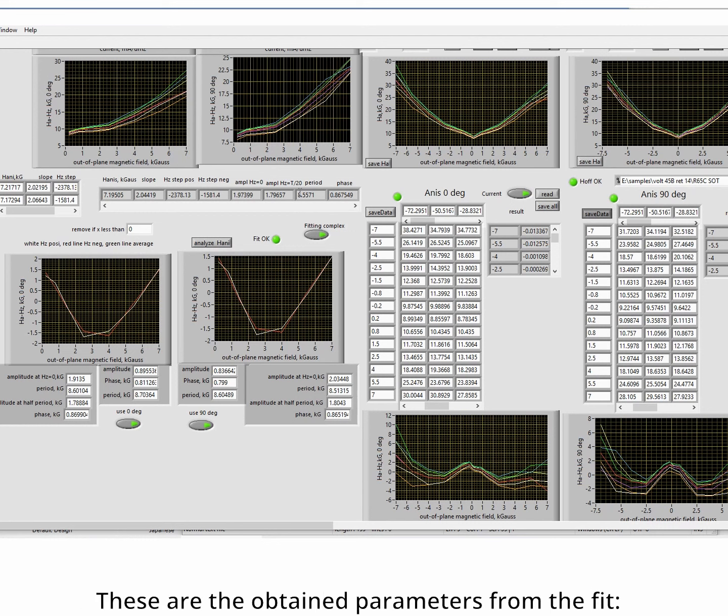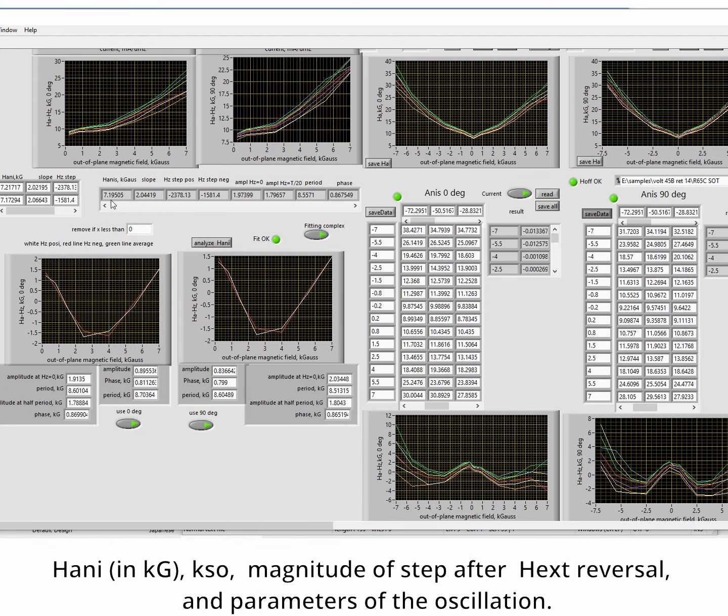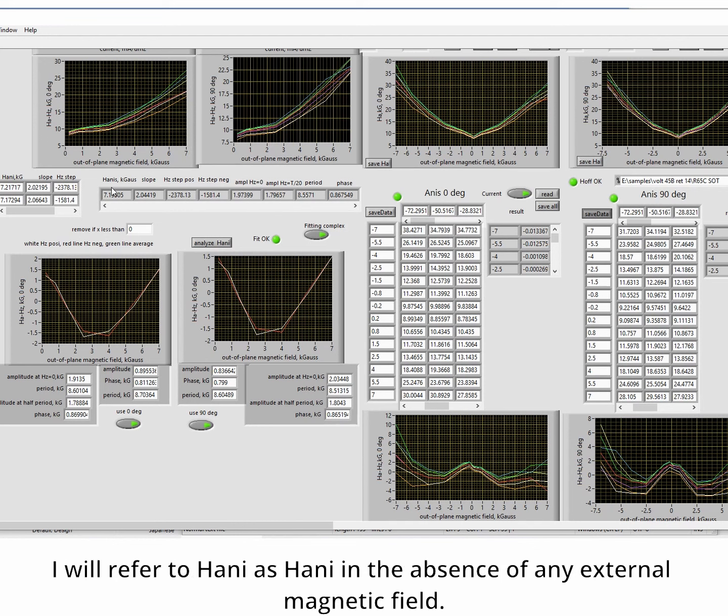These are the obtained parameters from the fit: anisotropic field in kilogauss, coefficient of spin-orbit interaction, steps for the magnetic field reversal, and parameters of oscillations. I will refer to the anisotropic field as the anisotropic field in the absence of any external magnetic field here.